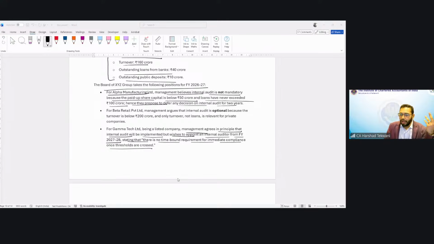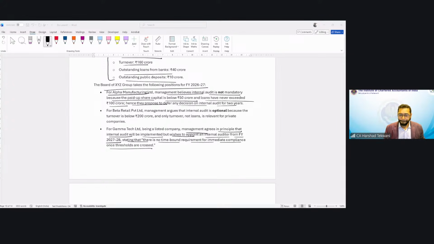Before getting listed, you have to go for the internal audit and have those corporate governance things. That's a separate topic. But the moment you become listed, Companies Act is applicable. Rule 13, Section 138: have an internal audit function. Clear? Okay, sir. Yes, sir.